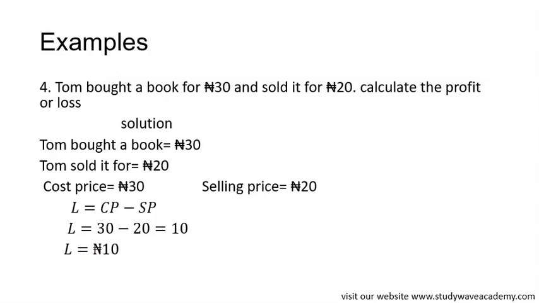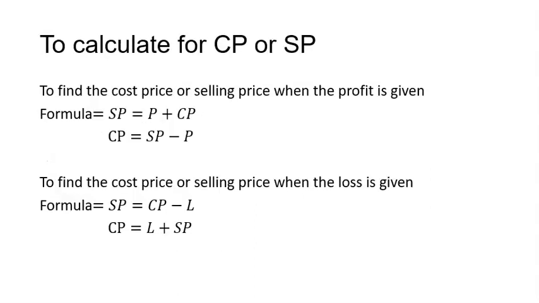So we now know how to calculate profit or loss, right? Good. Now we're going to be looking at how to calculate CP or SP, that is the cost price or selling price, when the profit is given. Now here the profit will be given.